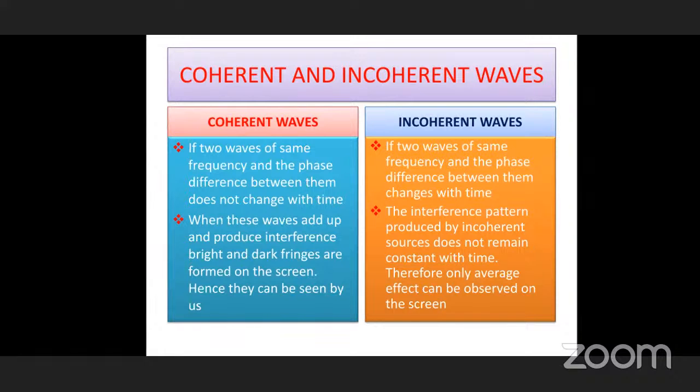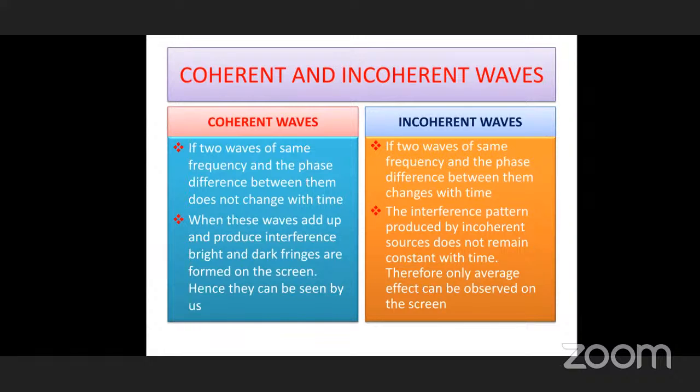Second thing is when these waves add up and produce interference, that is the most important, which we are going to see in the next class. The interference and bright and dark fringes are formed on the screen due to these two waves adding up as coherent waves. We can see bright and dark fringes. Hence, they can be seen by us as orderly formed dark fringes and bright fringes alternately.